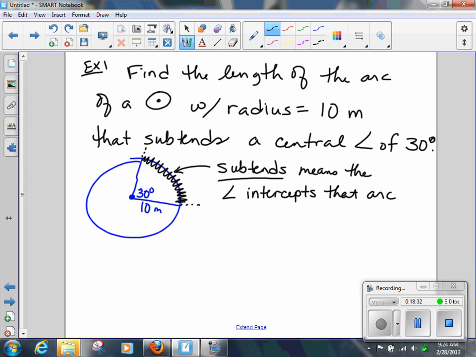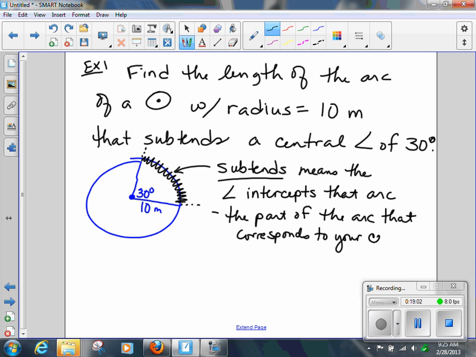If I were to extend the central angle, extend the sides, it would be the piece of the circle, that part of that arc that's within the two sides of the angle, okay? It's the part of the arc that corresponds to your central angle.